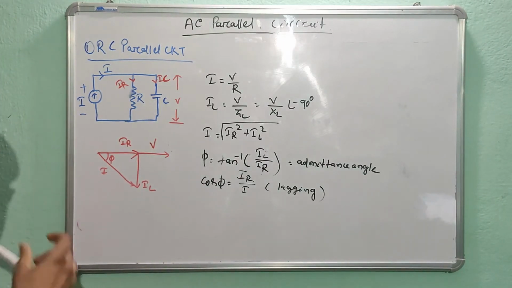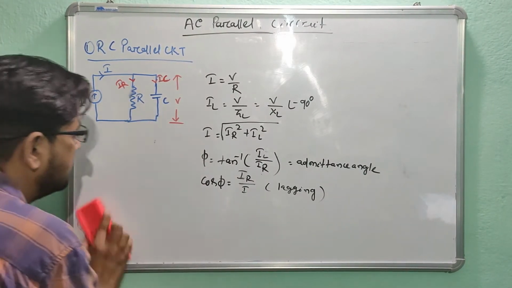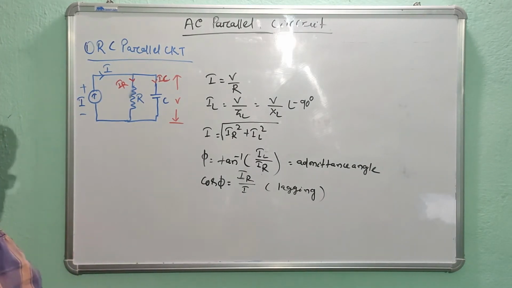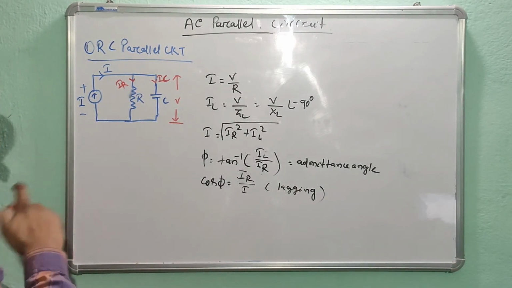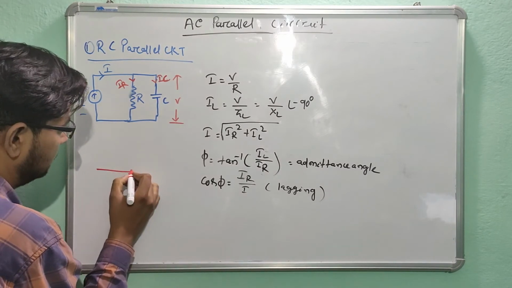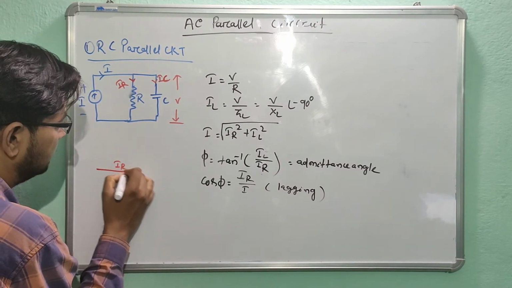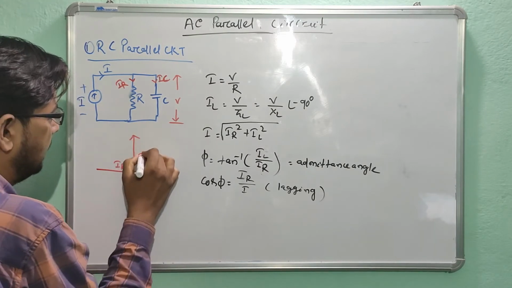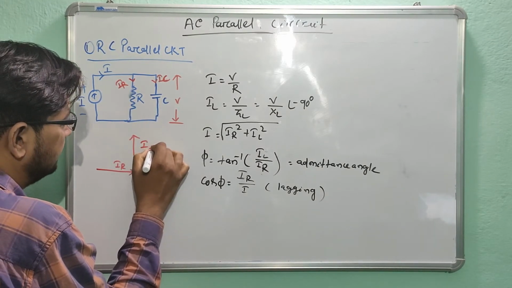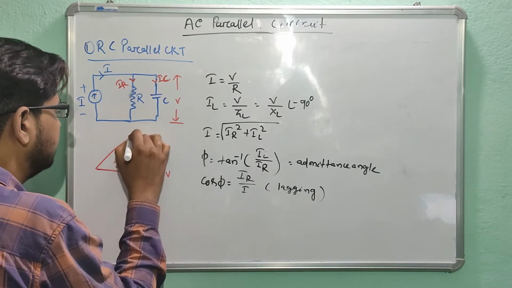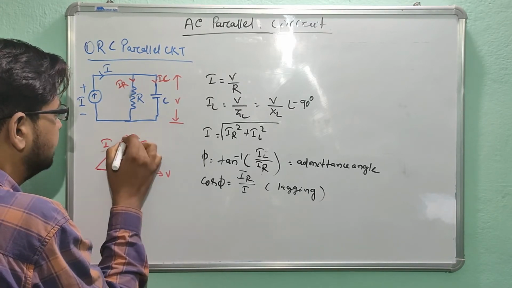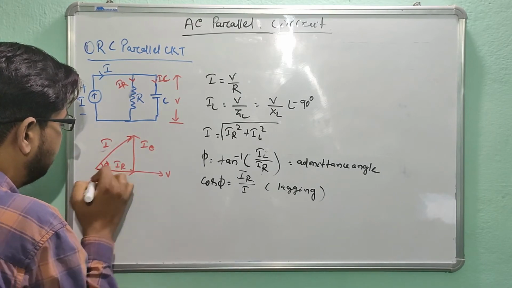Then what is my vector diagram? This is my vector diagram, that is IR, this is my V, this is your IC, and this is your resultant current I, and this angle is your phi.